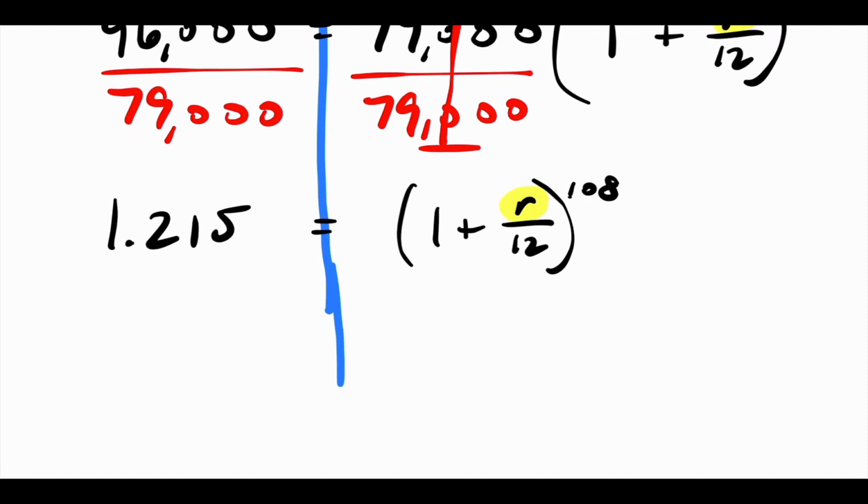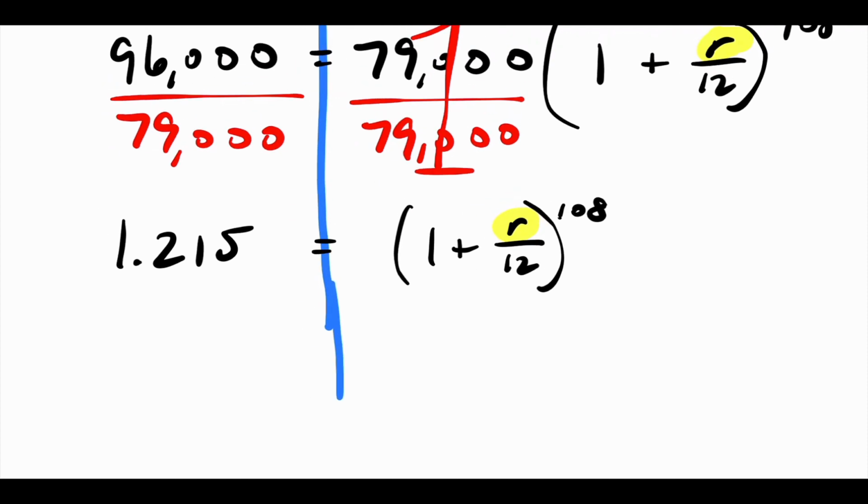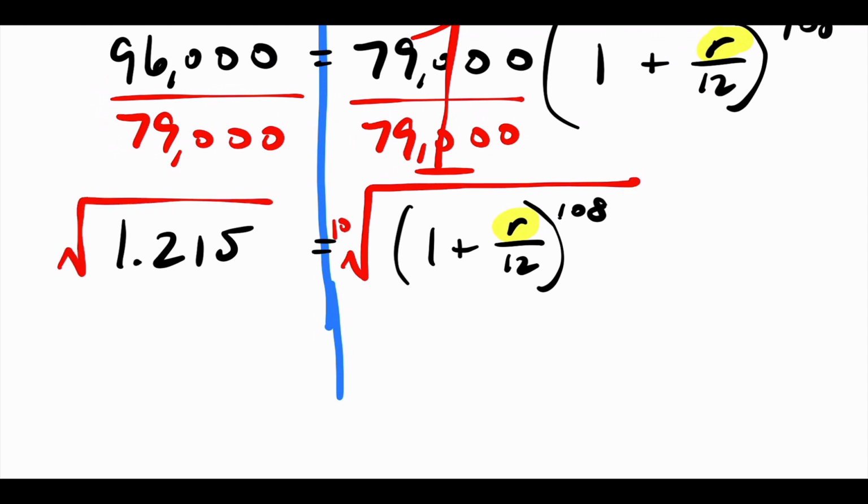Good. And then how do I get rid of the power? What did I do to get rid of the power? Take the root, right? The 108 root gets rid of the 108 power.